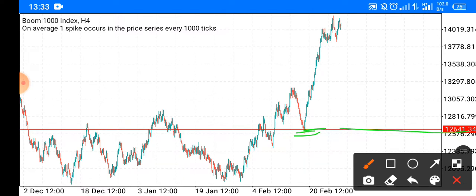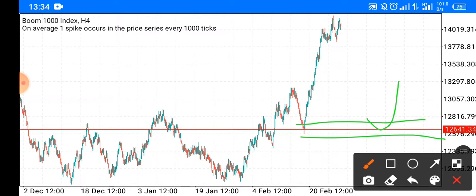A support level is supposed to be a range, from here to here. In this range, if the market gives us the correct candlestick pattern, we're going to be entering our buy trades. Support and resistance is a range. I'm going to explain it more clearly when I talk about order blocks.